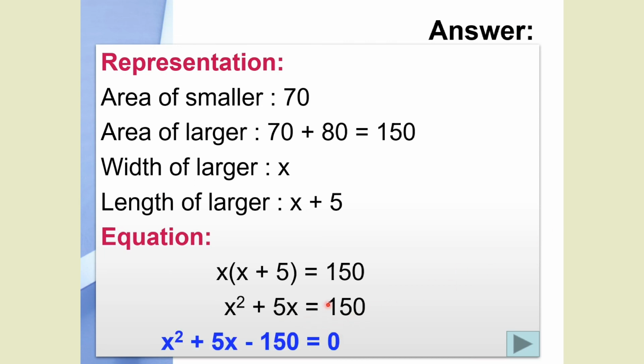And then, inarrange lang in standard form, gumamit ng addition property of equality para itong 150 na nasa right side ay makancel. So, add negative 150 on both sides or simply minus 150 on both sides of the equation. So, x squared plus 5x minus 150 is equal to 0.